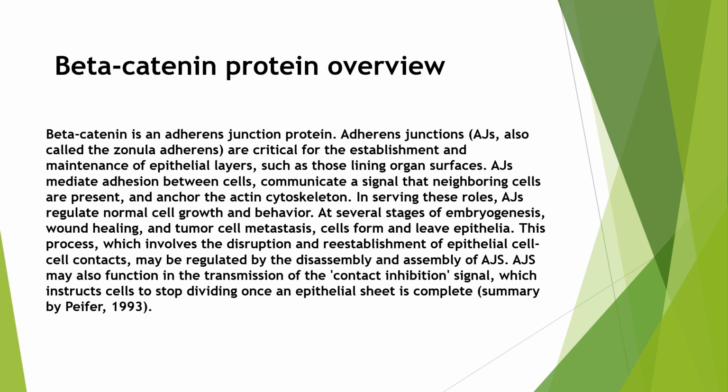This process, which involves the disruption and reestablishment of epithelial cell contact, may be regulated by disassembly and assembly of AJs, and AJs may also function in transmission of the contact inhibition signal, which instructs cells to stop dividing once an epithelial sheet is complete.